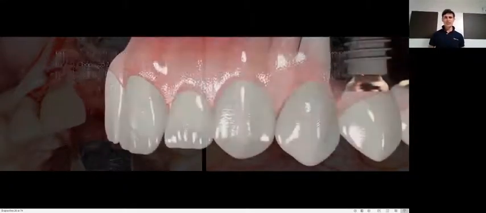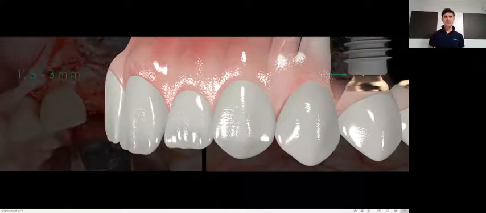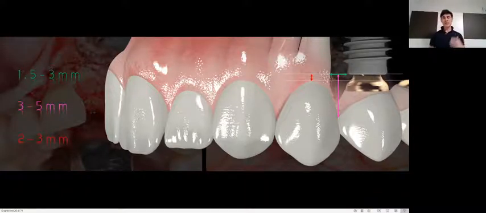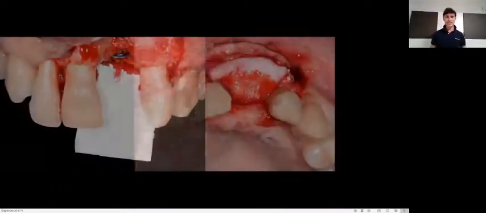The rules are to maintain 1.5 to 3 millimeters horizontally between the implant and the adjacent tooth, a distance between the contact point and the bone crest of 3 to 5 millimeters, and an apical placement of the implant shoulder at least 2-3 millimeters apically compared to the CEJ line of the adjacent tooth as a reference.